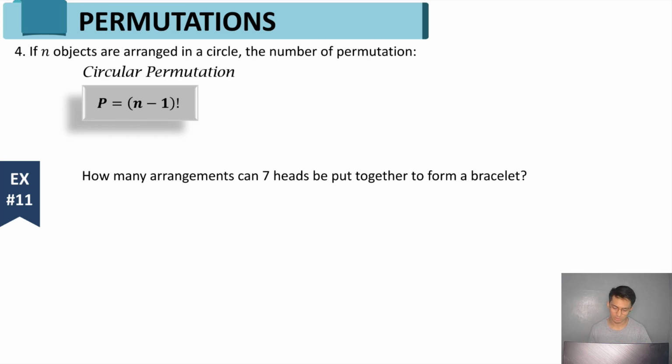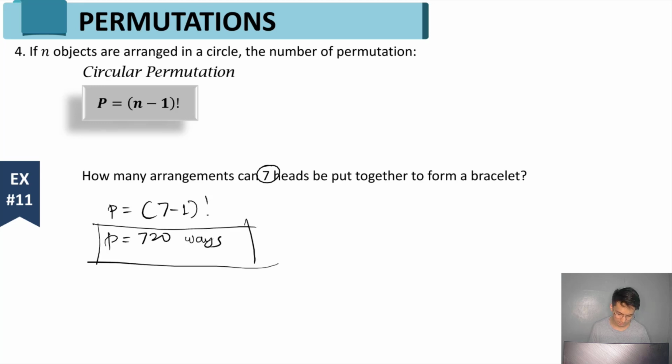Circular permutation. So, gagawin lang natin, P is equal to, ang n natin of course ay 7, 7 minus 1 quantity factorial, and we have 720 arrangements or ways. So, ganyan lang ang circular permutation.